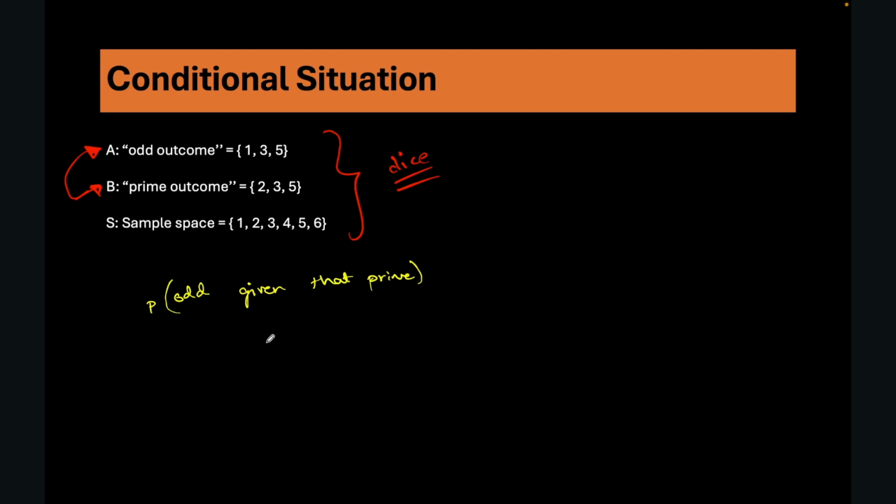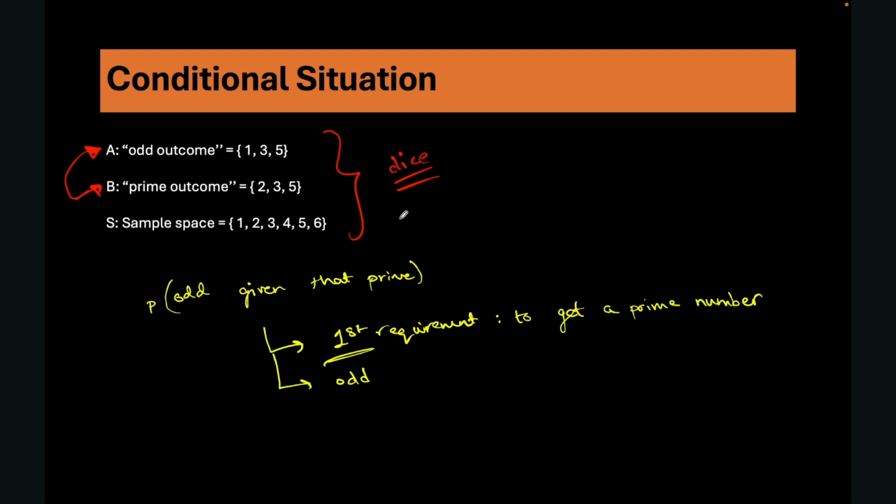So the first requirement in this case is to get a prime number. That's the first criteria. After you get a prime number, then we can look for an odd number.